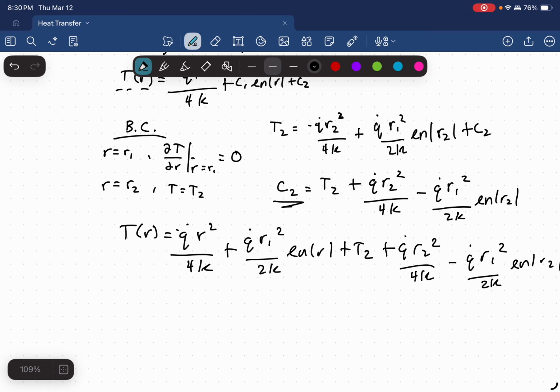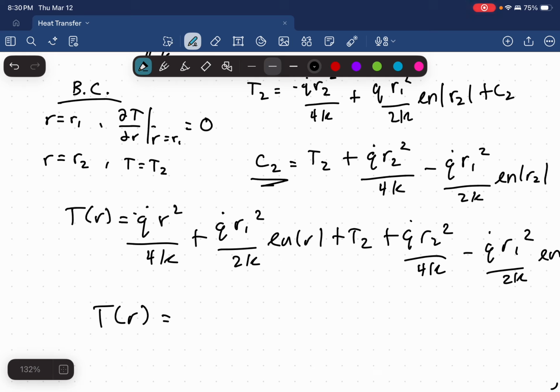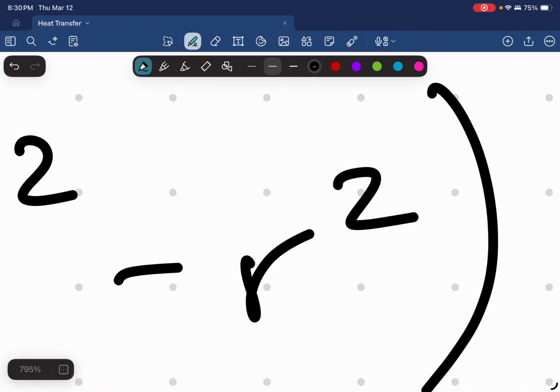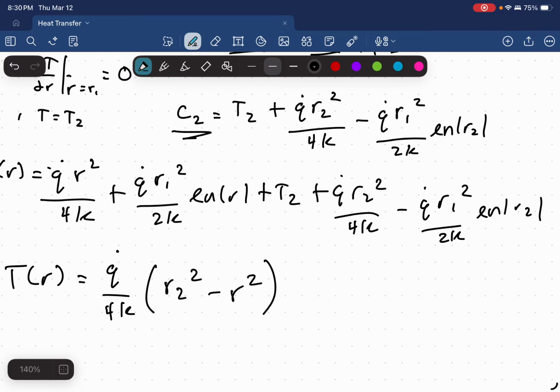And we could simplify this a little bit to just clean it up. So we can combine all of the Q dot over 4k variables, and then this leaves R2 squared minus R squared, where this is where we substitute in any R value that we want to solve for a temperature at that radius.